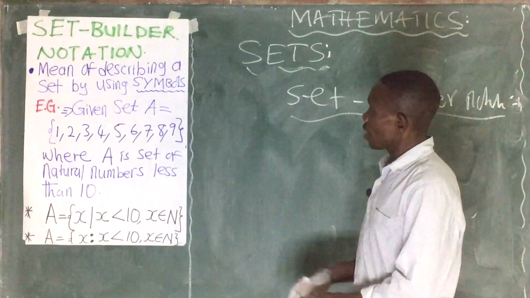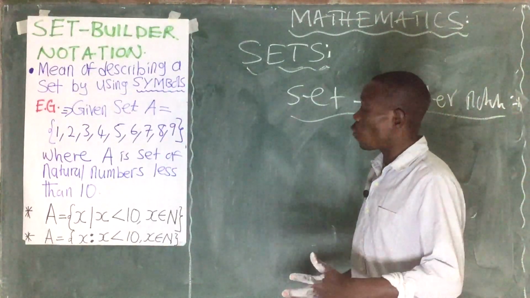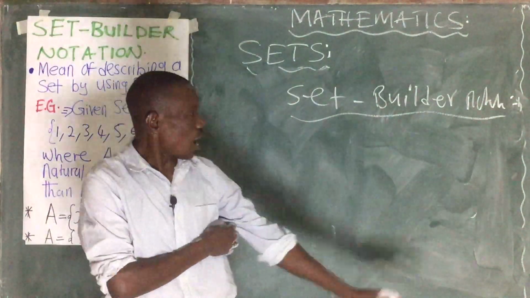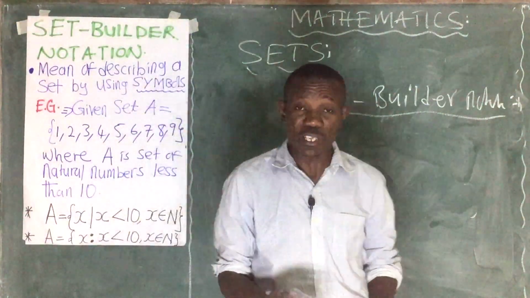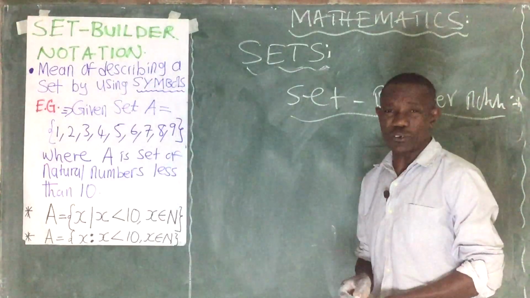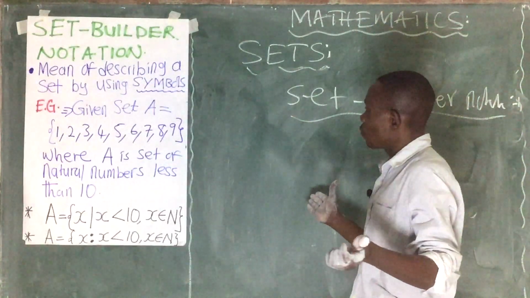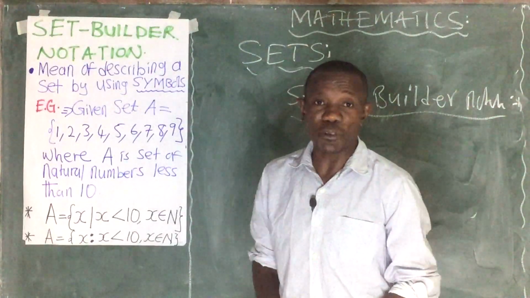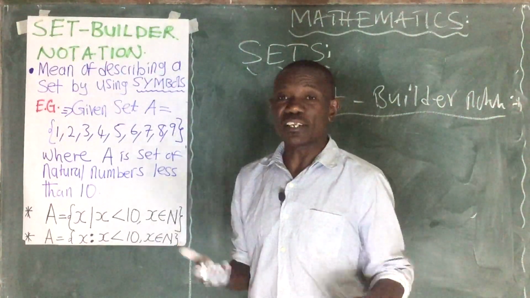Let's discuss a little bit about this way of presenting sets. We should not take it as something very technical. It's just a matter of describing the members of a set where some symbols are being used.